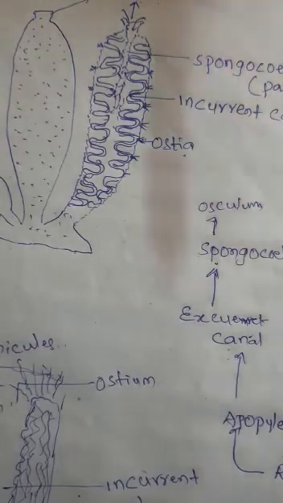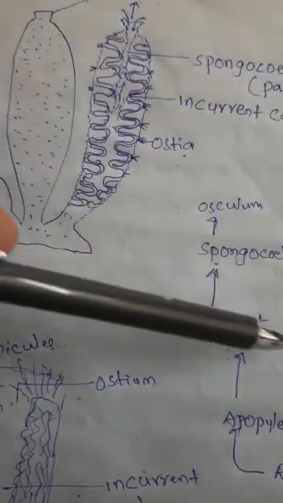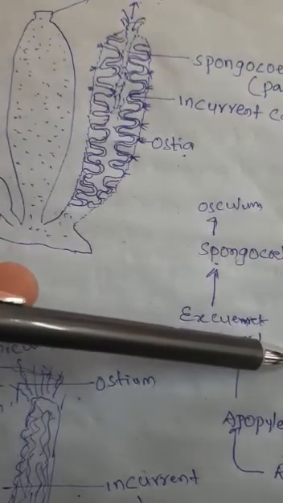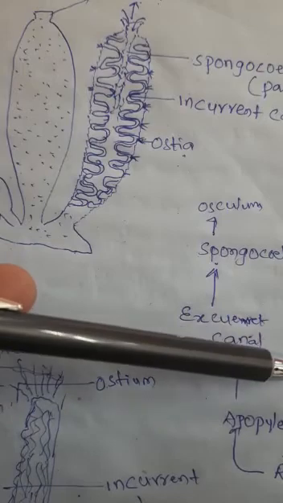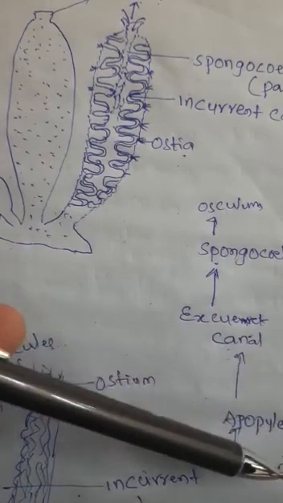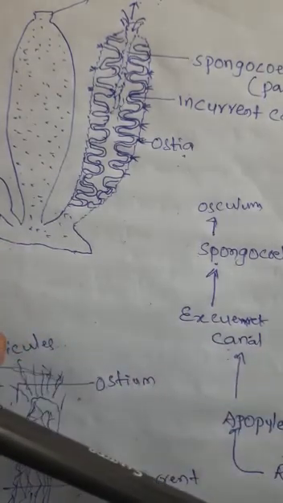Sea water travels into the body through the ostia, then the incurrent canal, then flows through the prosopyles into the radial canal.